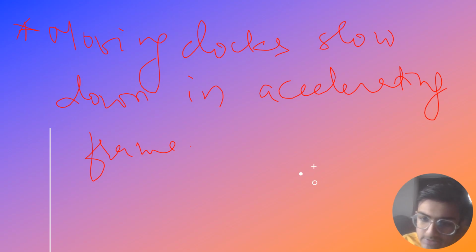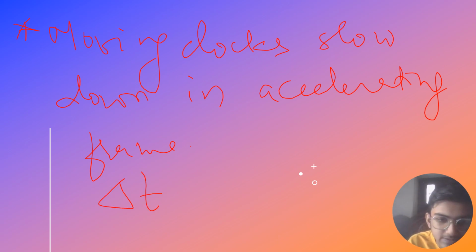And someone in the accelerated frame, suppose the train frame, is reporting 5:28, 5:27, like that. That means there is a delta. What is delta t? This is the time difference.